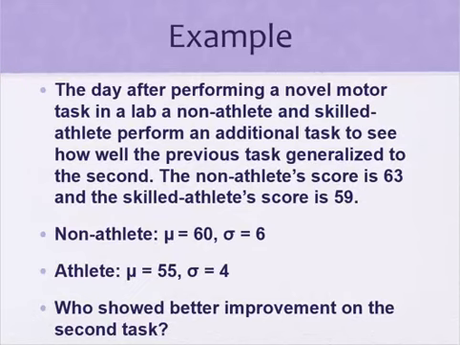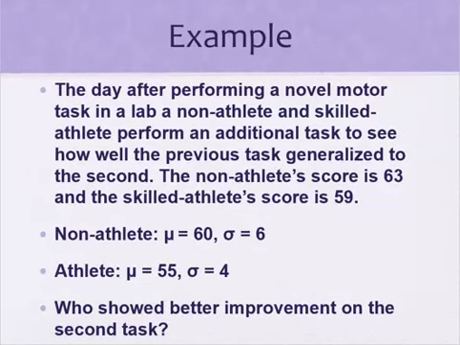Clearly, the non-athlete did better. In terms of raw score, that might be true. But we have to take into consideration how well or poorly the distribution that they came from did, right? The mean for all non-athletes in the second task was 60 with a standard deviation of 6, whereas the mean for all skilled athletes is 55 with a standard deviation of 4.